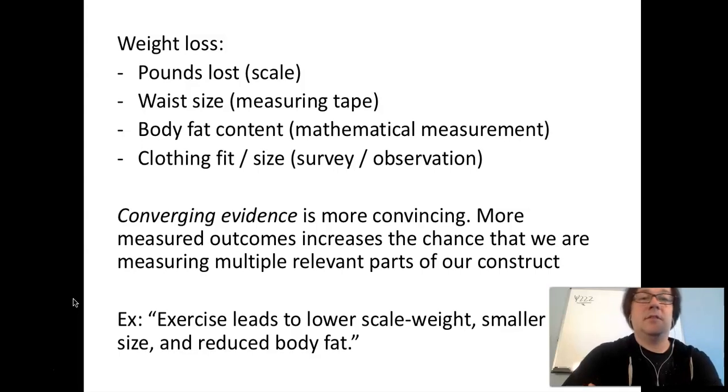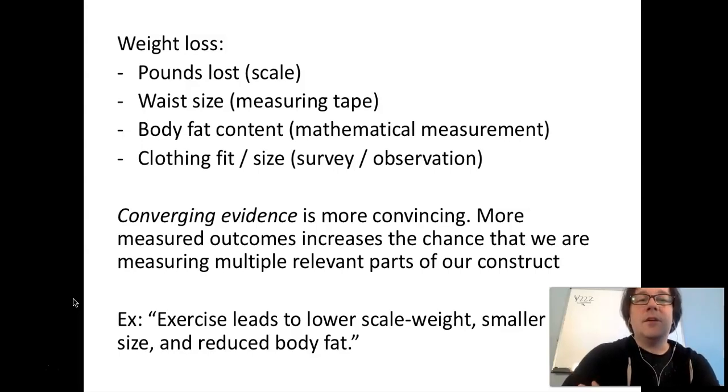Are they dropping in clothing size? This could be done through a survey, just by asking people how their clothes are fitting, or by observing how well each different size of clothing is fitting a person, if it's too baggy or too tight or just right, so to speak.